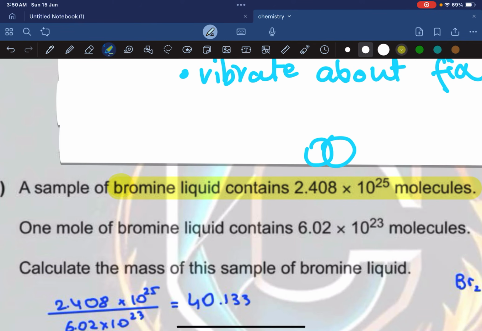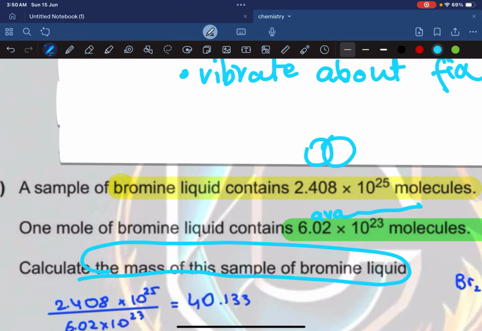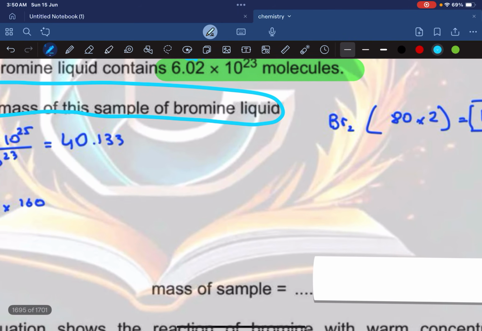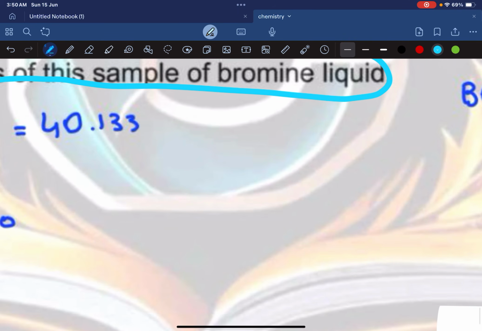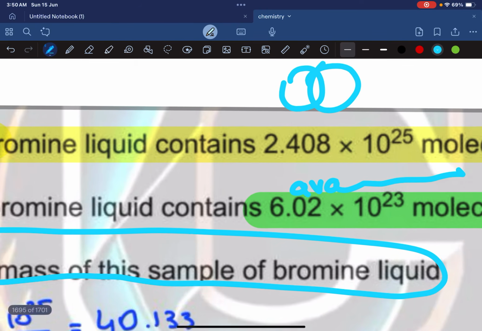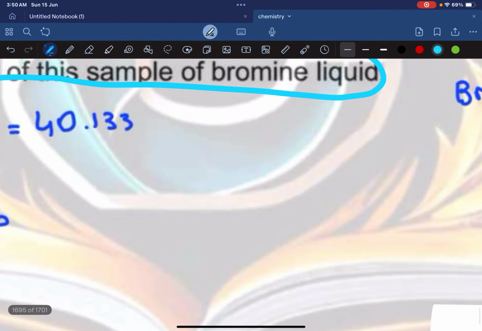The next part is that 1 mole of bromine contains these many molecules. That's the Avogadro's constant that they've given you. Calculate the mass of the sample of the bromine liquid. First thing you have to realize is, in order to calculate mass, what is the formula for mass? Just don't get confused and write down the formula for mass.